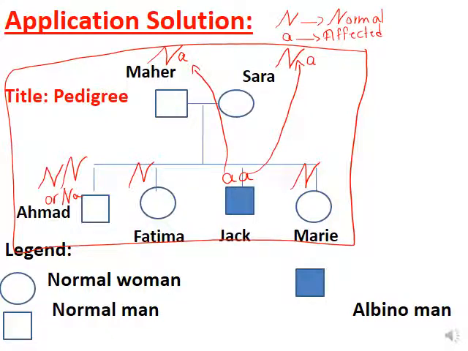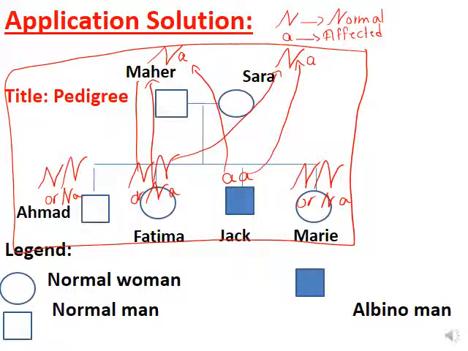And here, maybe it's NN or NA. Also here, NN or NA. Since they may inherit N from the father and N from the mother, or they may inherit N from the father and A from the mother, or the opposite. So here, we're still confused, but what we have to know is that they have the allele N, which is for the normal. Here they have two possibilities, Mary, Fatima, and Ahmad.